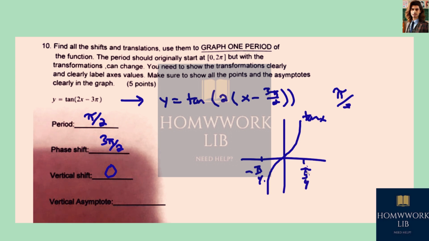So the asymptote is at pi over 4 currently, but we have to take that asymptote and shift it to the right 3 pi over 2, or 6 pi over 4.